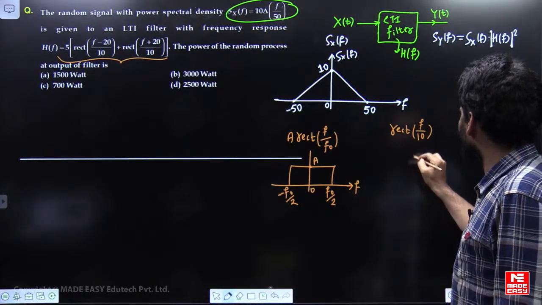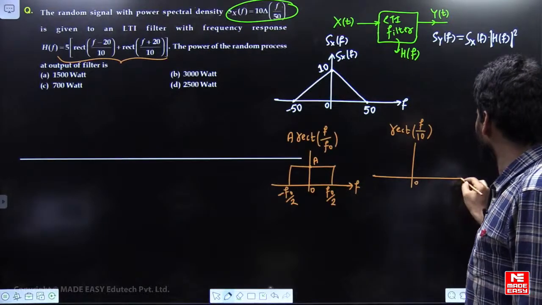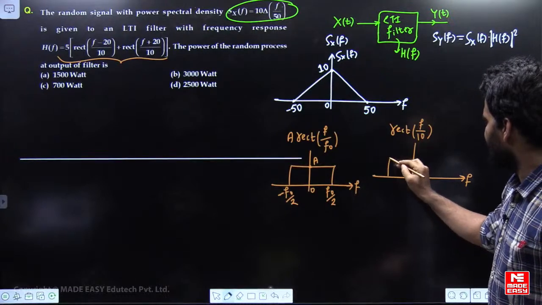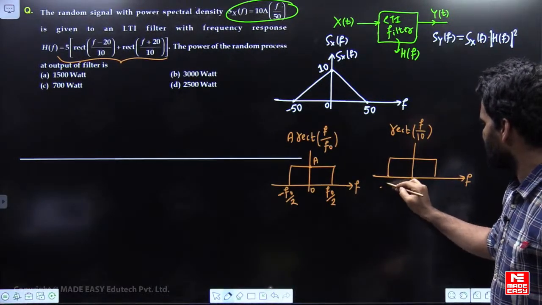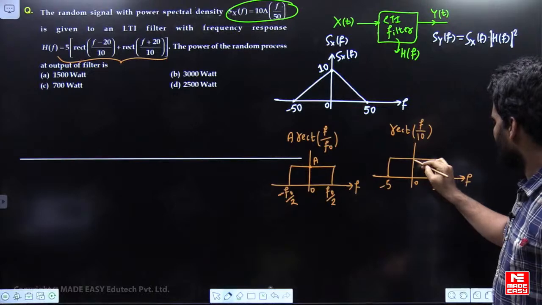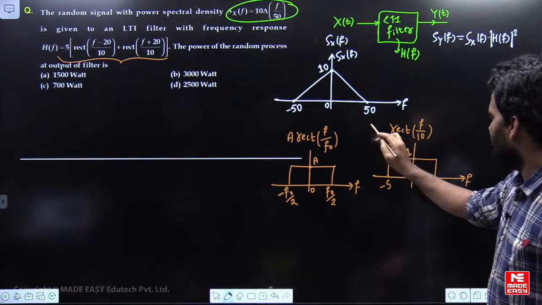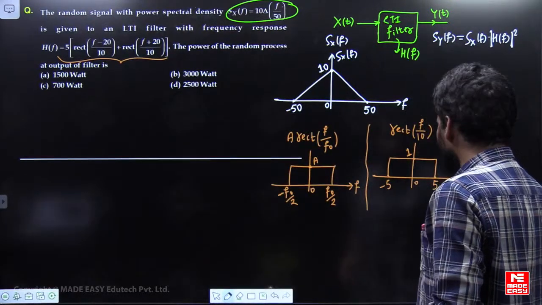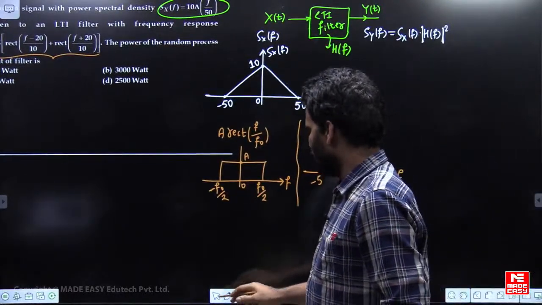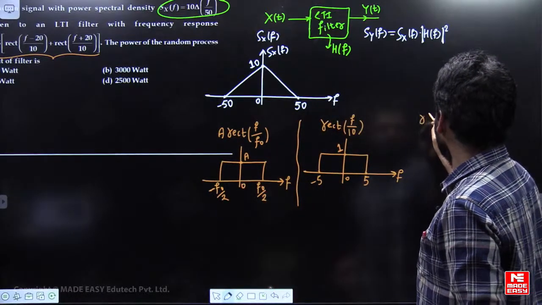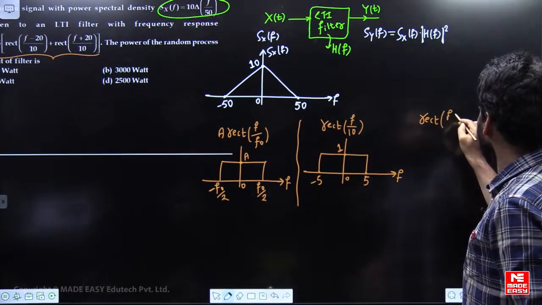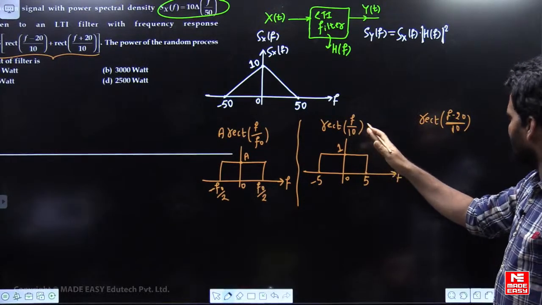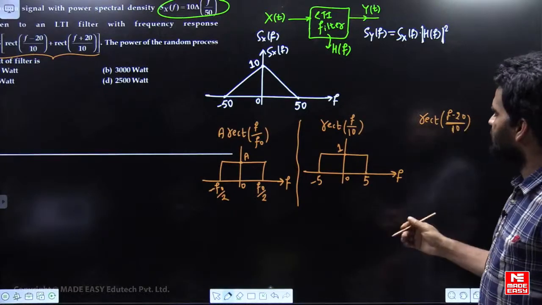With respect to f, the denominator is 10, so it is from minus 5 to 5, the total width is 10, and the height is 1. Now rect of f minus 20 by 10 is delayed by 20 units.